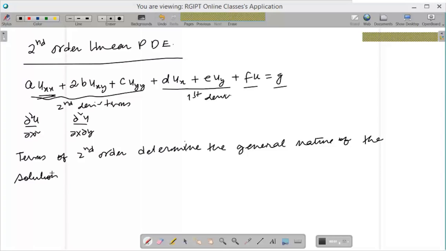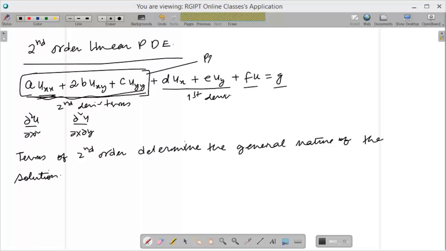What I mean is that these three terms pretty much decide some general features that you may expect from the solution. These three terms only. The linear terms do not affect some general features of the solution.